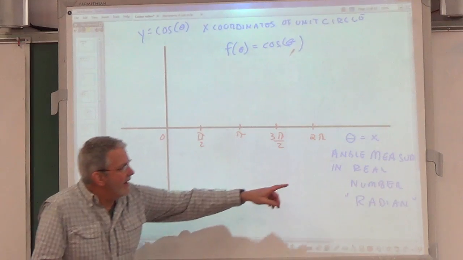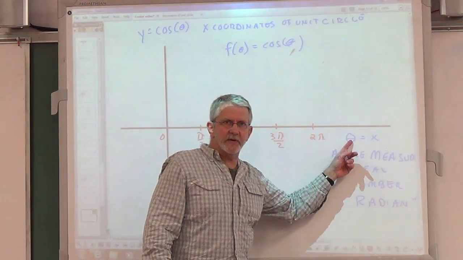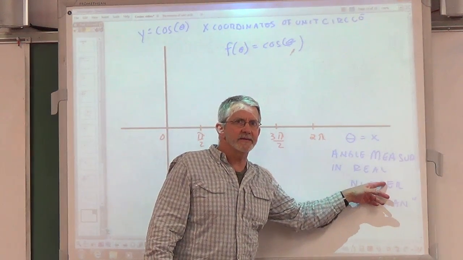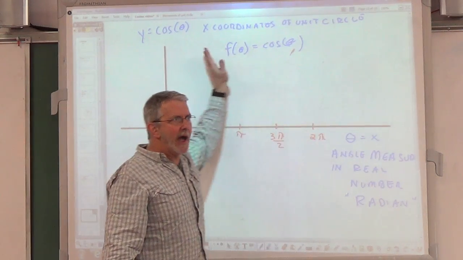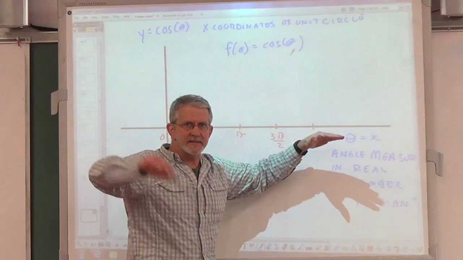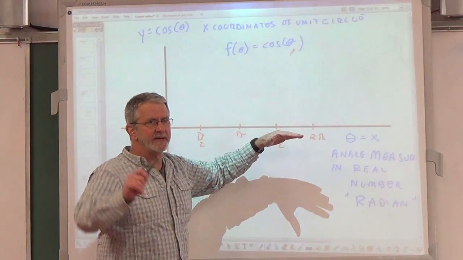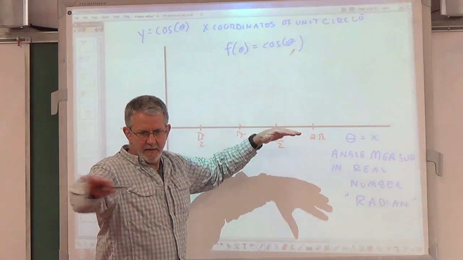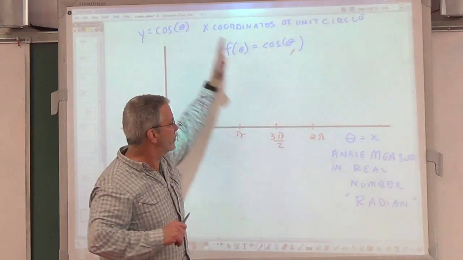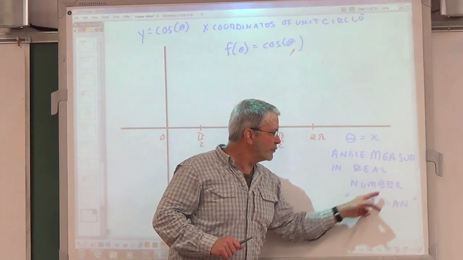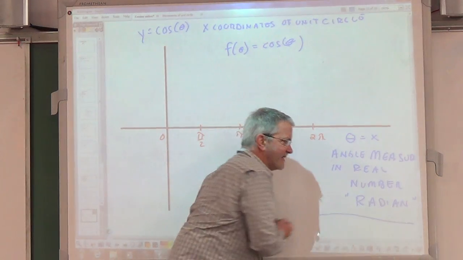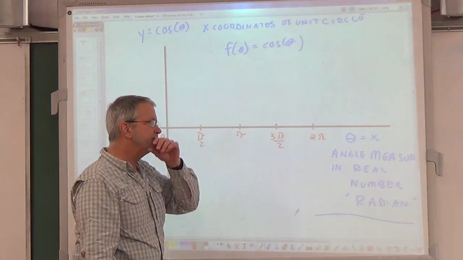Well, can we measure? Yeah, we can. This is the reason why we convert our degrees to radians, so that we can graph these on an x, y real number coordinate system: horizontal real numbers, vertical real numbers. And our angle measures are real numbers in these nice things that we call radians.